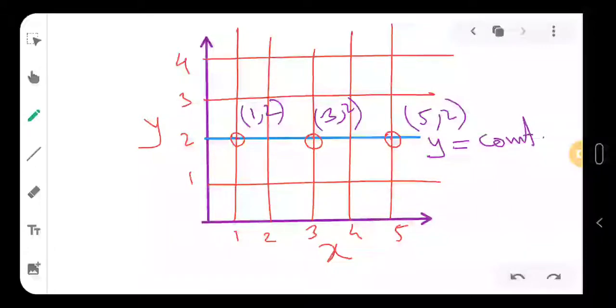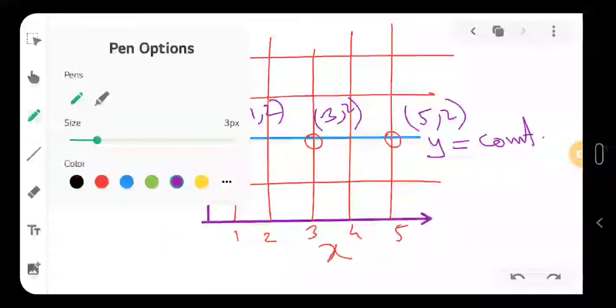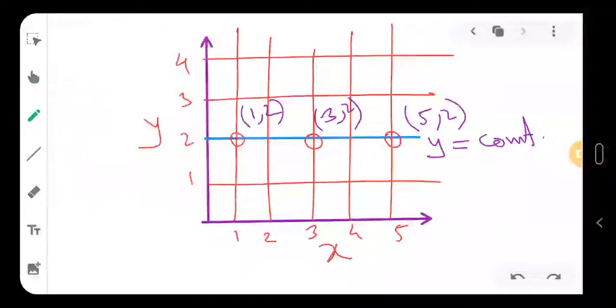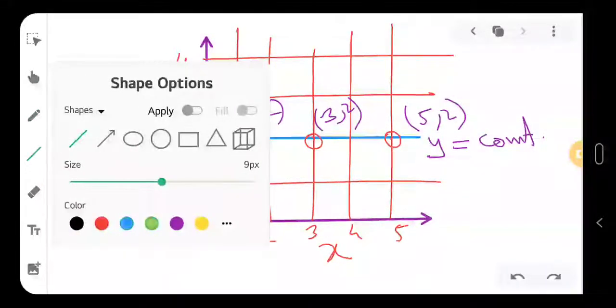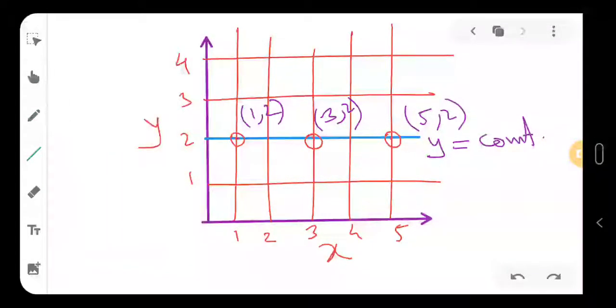Now similarly, if we draw another straight line here like this, which is parallel to your y-axis, then what will happen? Your x values will be the same for all points. So let us take these points, this one and the middle one.